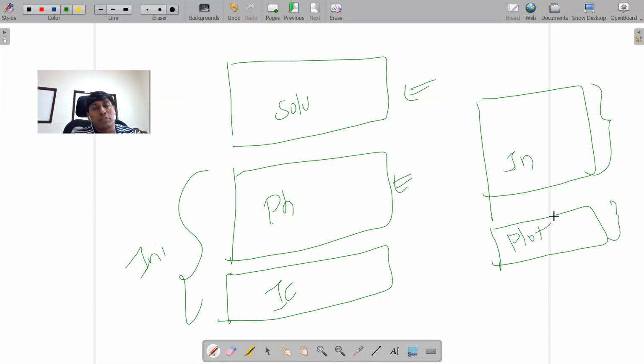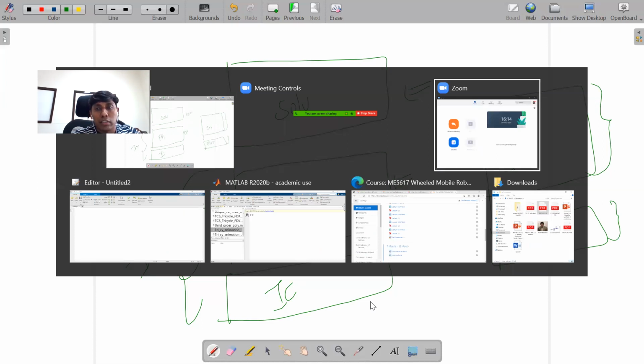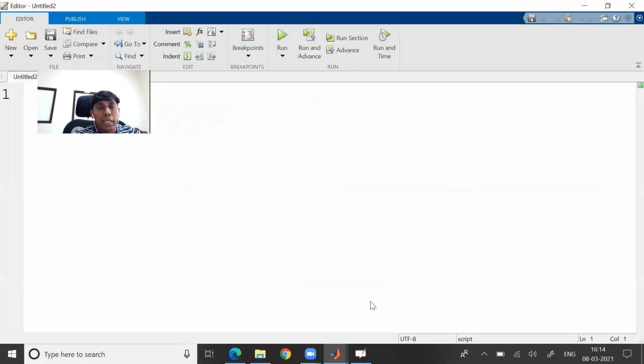We will start very simple, with one simulation code to give some feel for MATLAB. For that, I'm taking the MATLAB base. I hope you are able to see this.